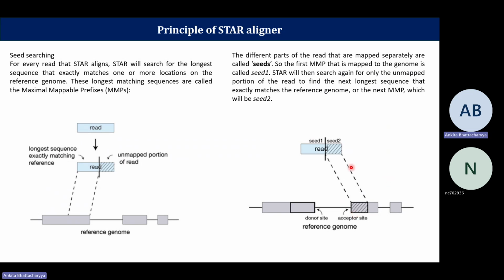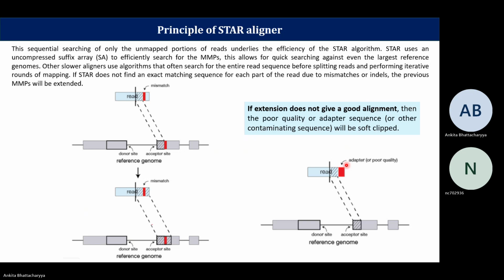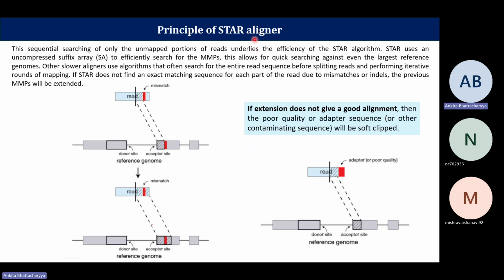Why is this necessary? This is necessary because STAR aligner is a tool which is used for analysis of RNA sequencing data. So what will you expect in those circumstances?